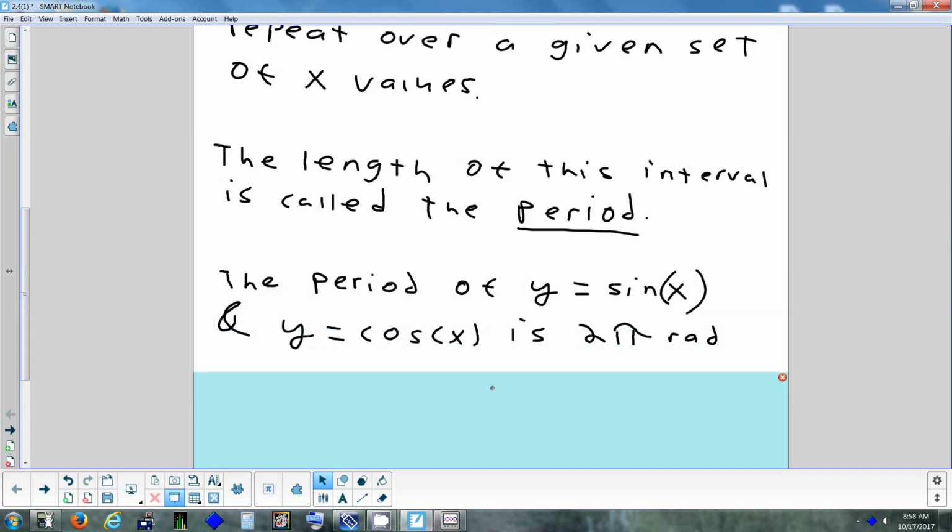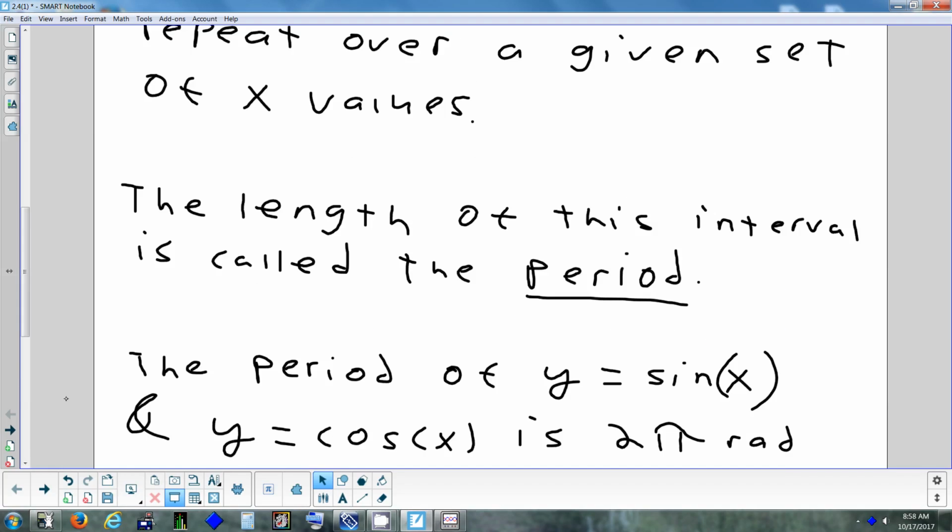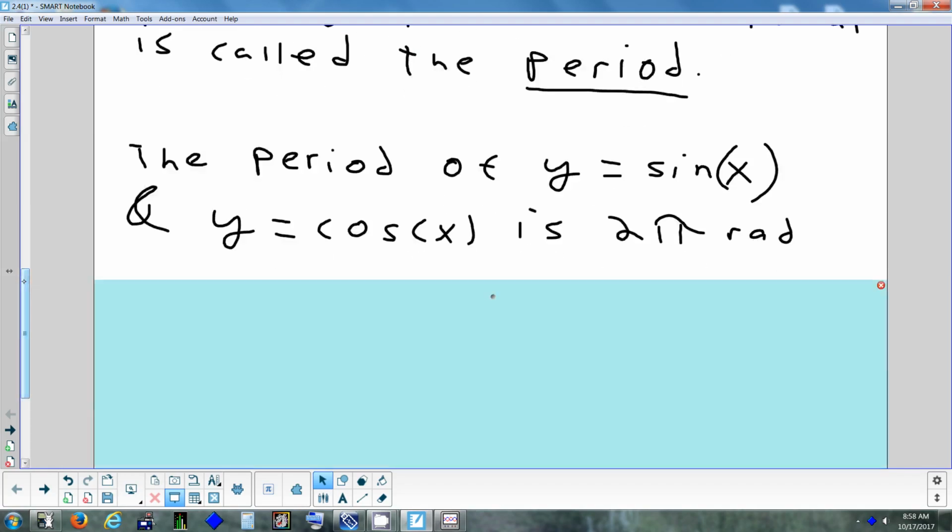Now, the normal period, if you don't do anything to the graph, you just graph the basic sine or the basic cosine function, the period is 2 pi. Does anybody remember what 2 pi is in degrees? Yep, 360.